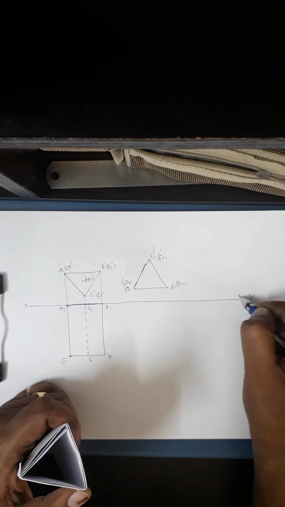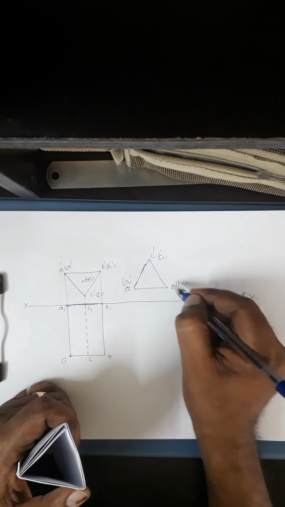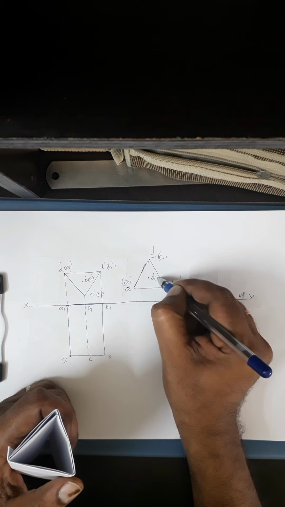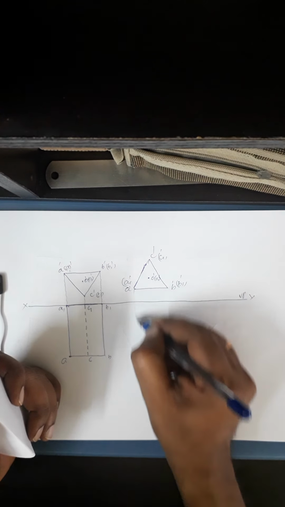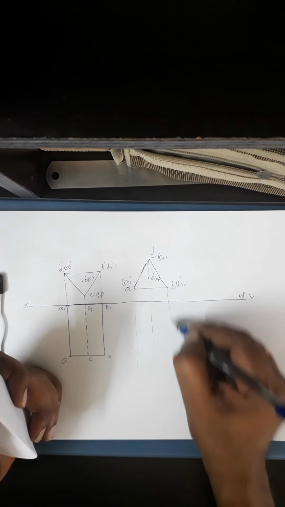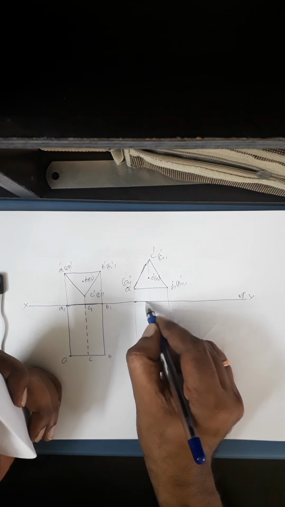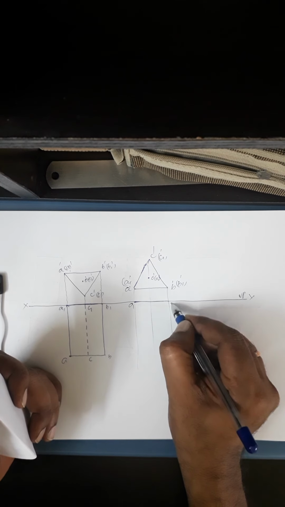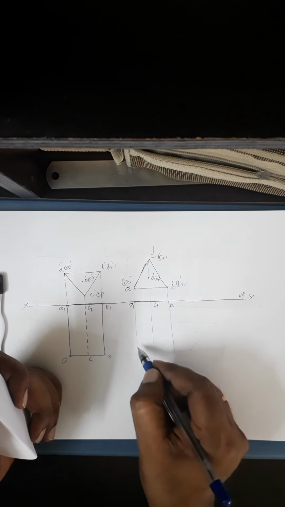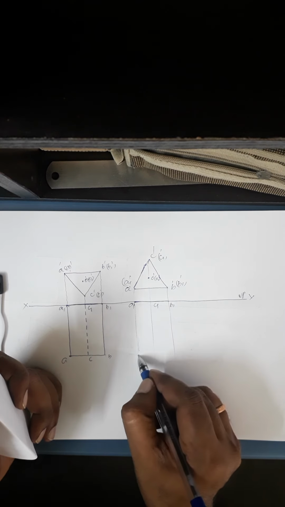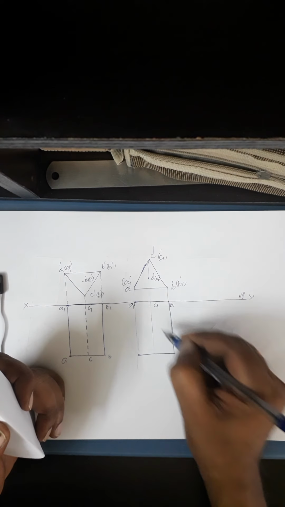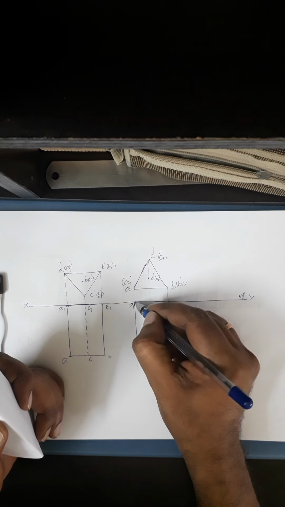This is the vertical plane, so everything should be with dashes, O dash bracket O1 dash. If one of them has its base in VP, then this will be the base, then A1, B1 and C1. By knowing the height, I can take that length. Then I can make all these outermost edges dark.